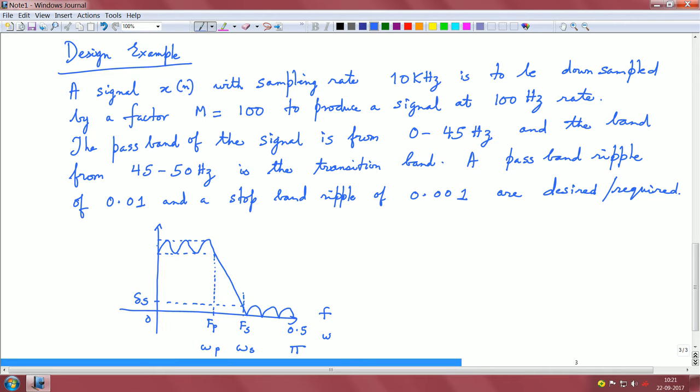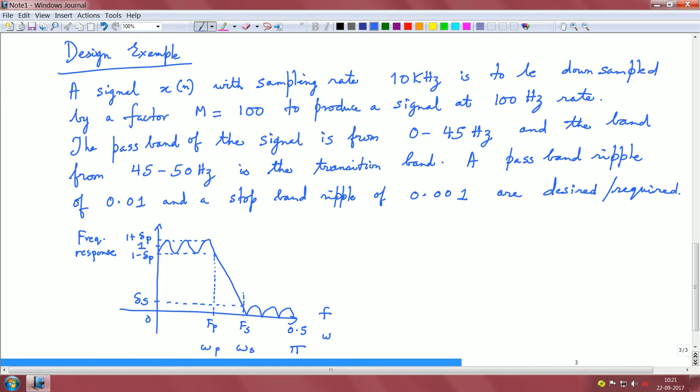And if this gain is to be 1, this would be 1 minus delta p, this is 1 plus delta p. So, this is the frequency response, on the y axis, and on the x axis is your frequencies. This is what we need.